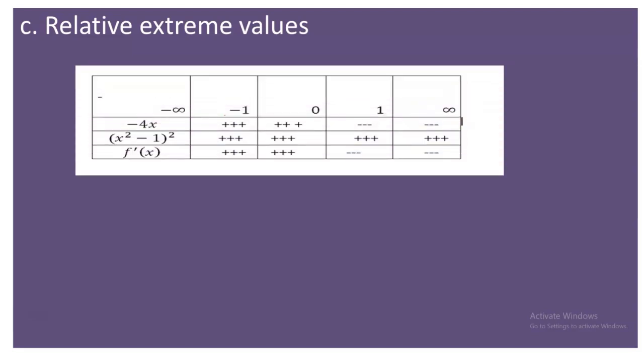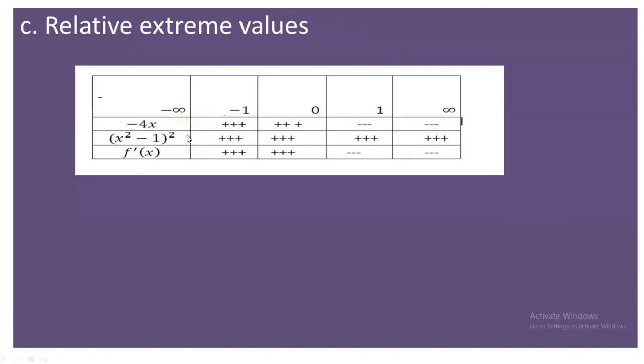So as you know, when you are having a shift from positive to negative around the critical number, you are going to have a relative maximum value, and from negative to positive shift at a certain critical number, you do have a local or relative minimum value.